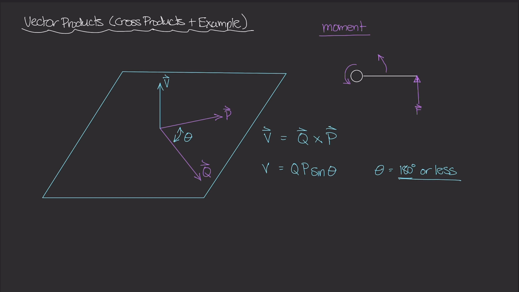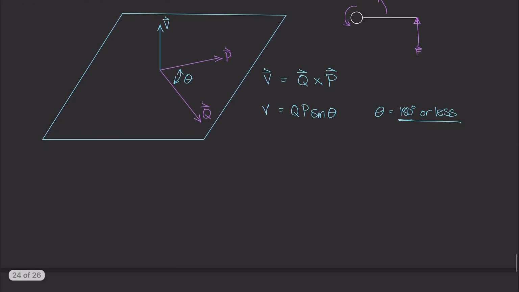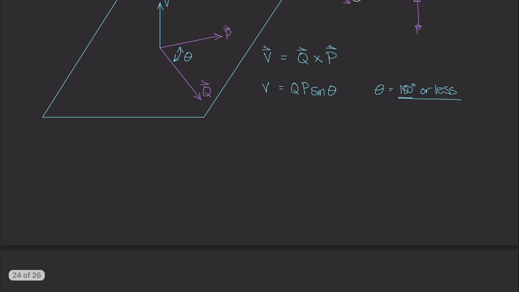Now, there's a couple other little notes that we need to be very aware of. If these two vectors p and q were in opposite directions, still within the same plane, and this is p and this is q, then in this case theta is just 180. So this theta is 180, or we could take the other theta, it's the same, right?